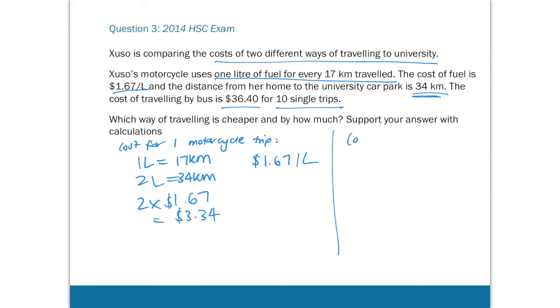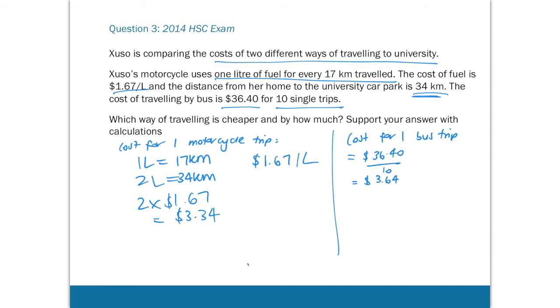Now, cost for one bus trip. It costs $36.40 for 10 single trips, so basically we just have to work out how much it costs for one trip. So we go $36.40 divided by 10, and this should give us $3.64.